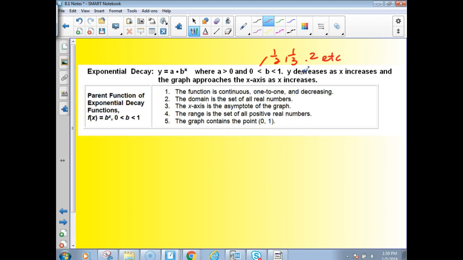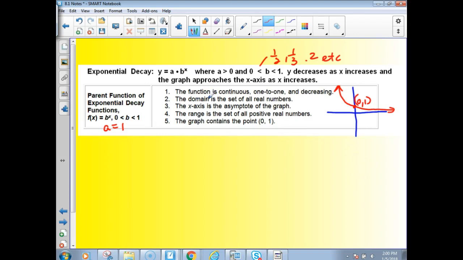This graph is decreasing. Y decreases as x increases, and the graph approaches the x-axis as x increases this time. So an example of what that would look like is a graph that's coming from high and then down through low. And again, for this example, the a value is 1. Therefore, the intercept here is (0, 1).